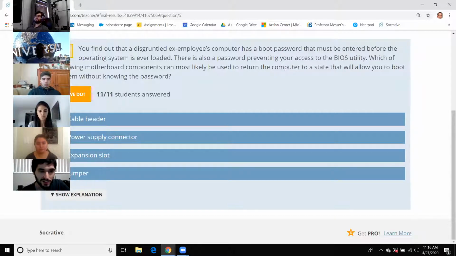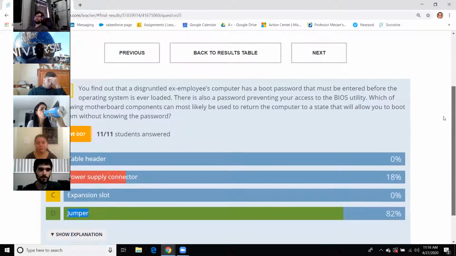I believe that was D, jumper. Okay, let's see how we did. Yes, the jumper is the one that basically will reset it. The power supply connector will only disconnect the power, nothing to do with the BIOS itself.